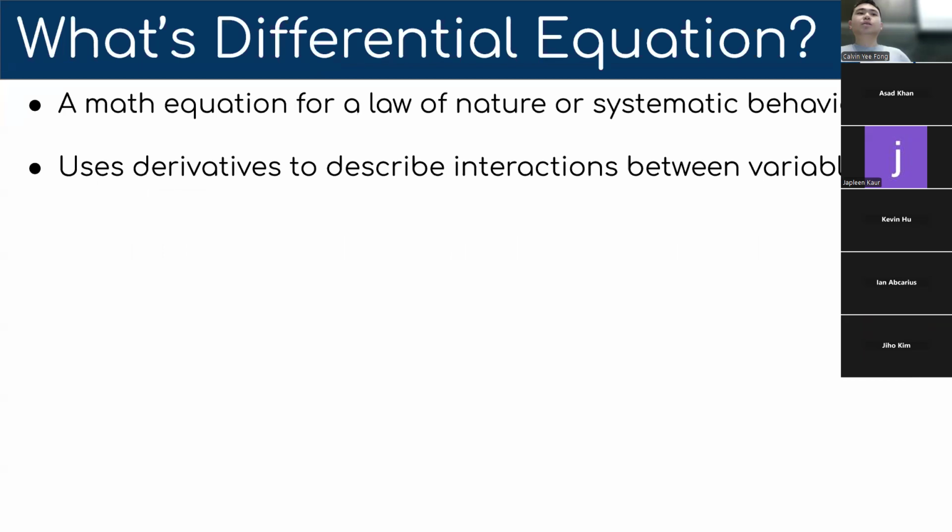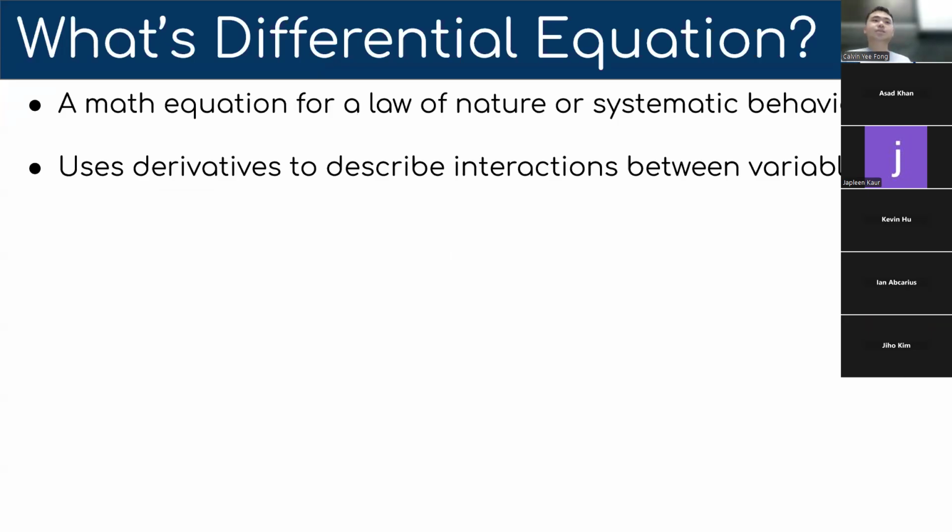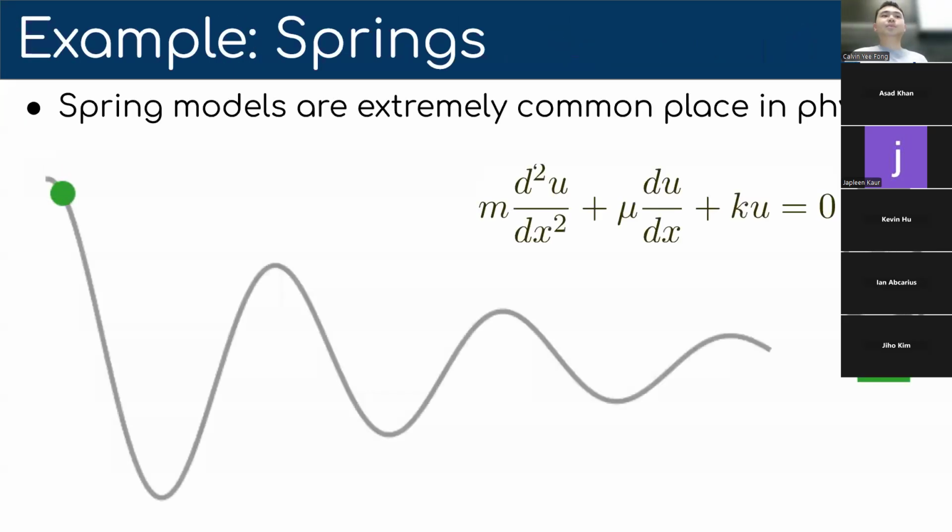This is what you will call differential equations. So basically, for a rough outline, differential equations are mathematical equations that describe some kind of law of nature or some kind of systematic behavior. These often involve derivatives, like you'd expect from the name, and these describe the interactions between the variables in the system.